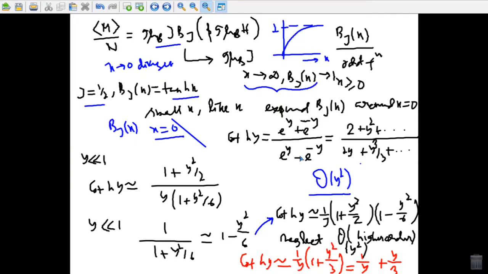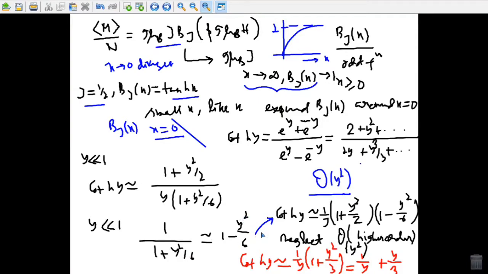So for y far smaller than 1, it is possible to write coth y nearly equals 1 plus y square divided by 2, divided by y. After taking y common, it is 1 plus y square by 6. So for y far smaller than 1, this 1 divided by 1 plus y square by 6 simply becomes 1 minus y square by 6.